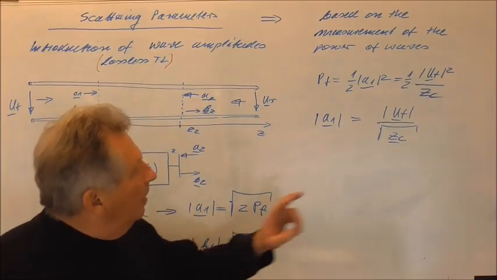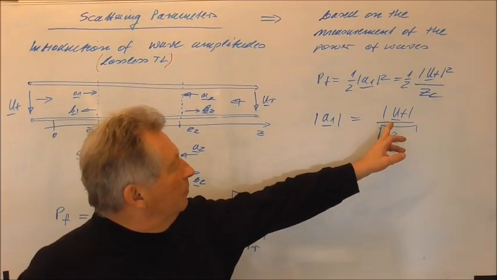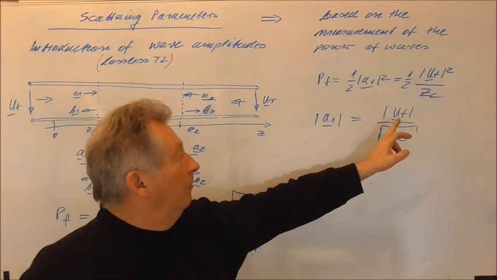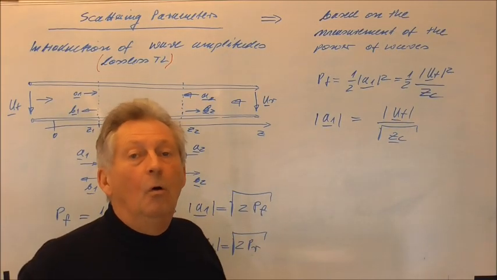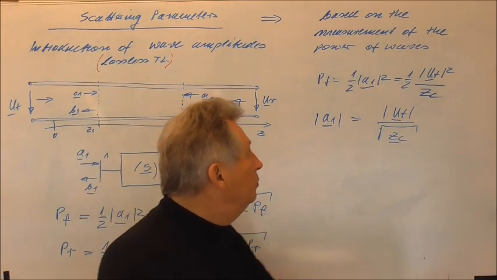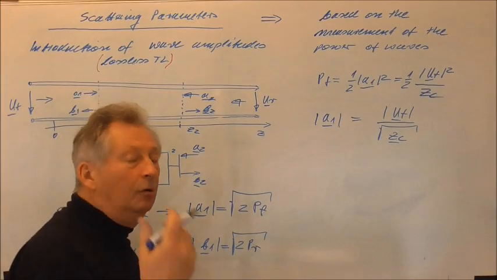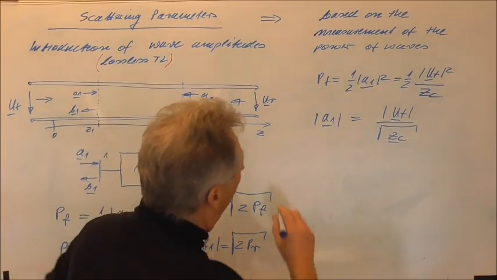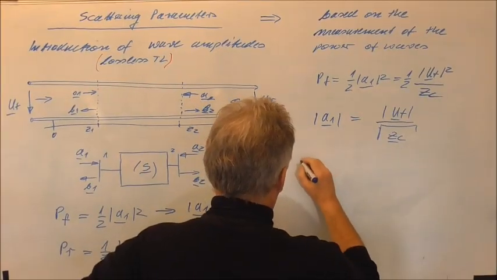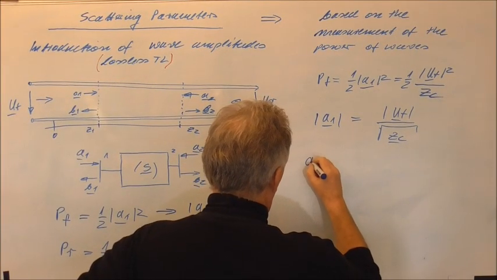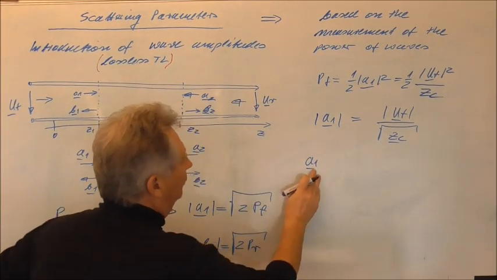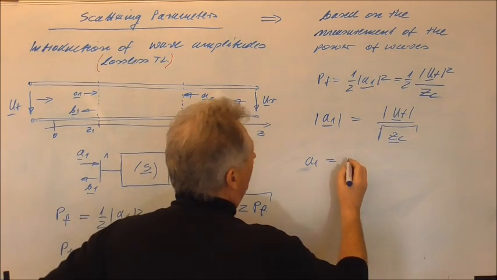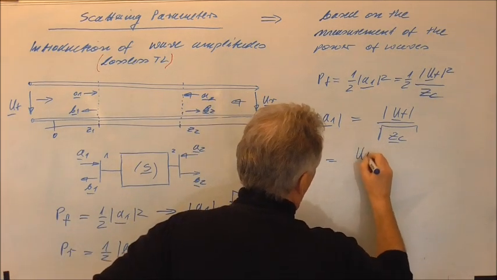And now we are able to define also the phase by using the phase of the forward traveling voltage wave, or in a waveguide we must use the phase, for example, of the transversal electric field. So I will write this like this. First I write only the absolute value. It will be the voltage.